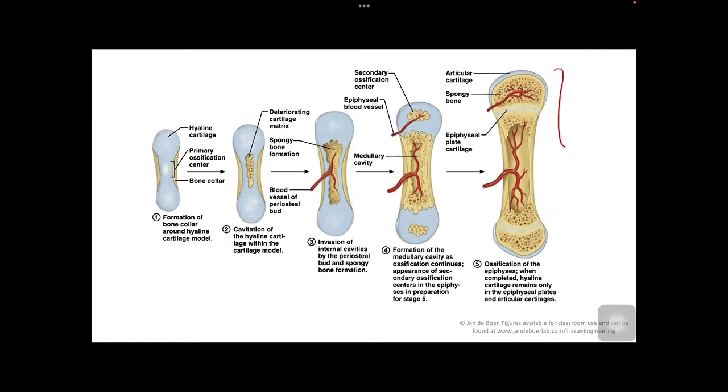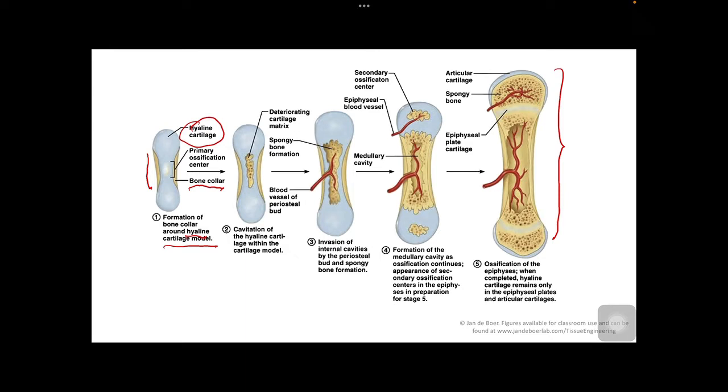You can see this is a long bone, and it starts with a soft template, a hyaline cartilage template, as you can see in gray here. You can see that there's a little bit of bone being formed in the long part of the forming femur, and the cartilage that is the template is hyaline cartilage.